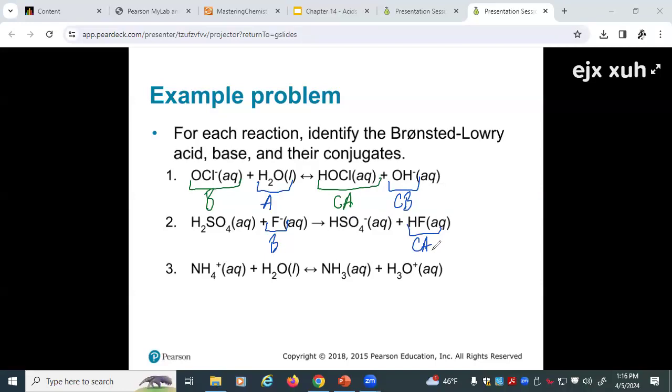And we have proof of that because we can see that the fluoride added a hydrogen. Adding a hydrogen is base behavior, not acid behavior. Sulfuric acid, on the other hand, we can see that it has lost a hydrogen. That's acid behavior, which makes the bisulfate its conjugate base.